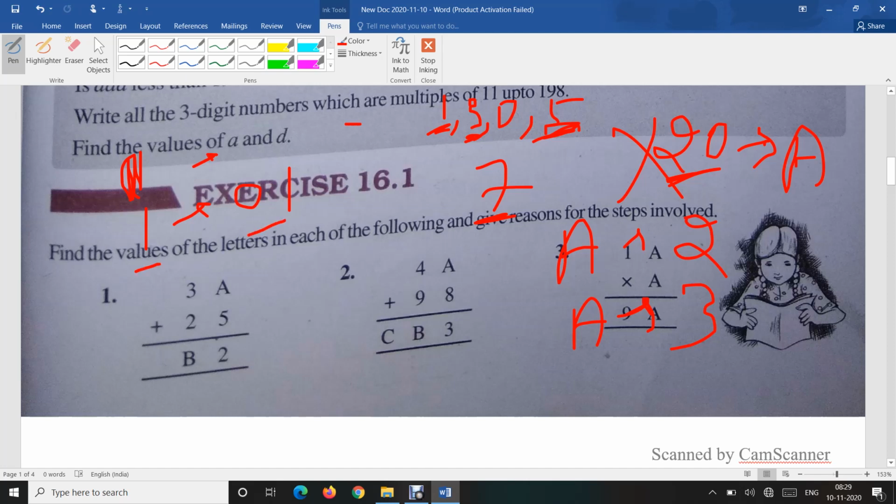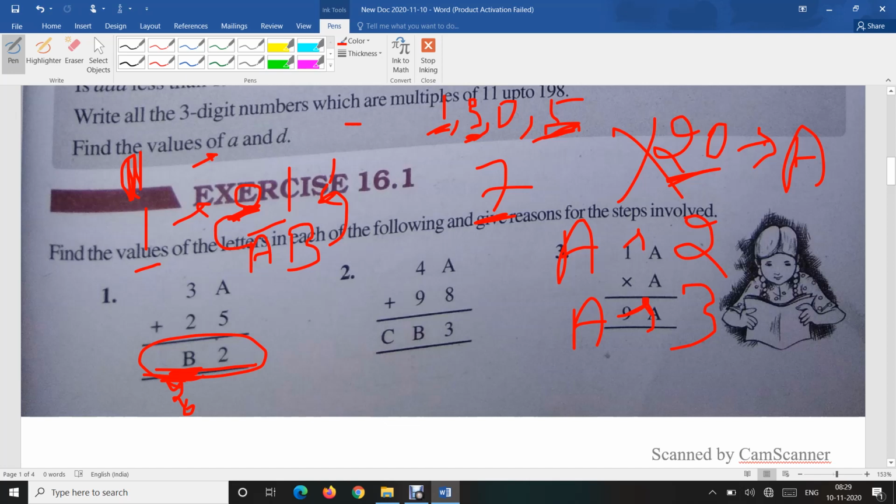But you cannot write it as ab, where b stands for 1 and a stands for 0. No, because the first digit of any number cannot be 0. Just like here you have b, it cannot be 0 because it is the first digit of this number.